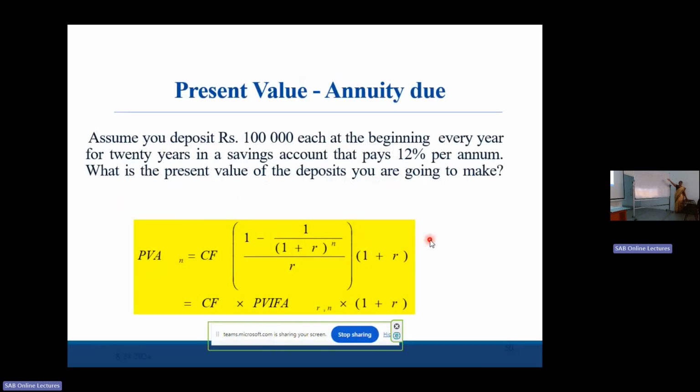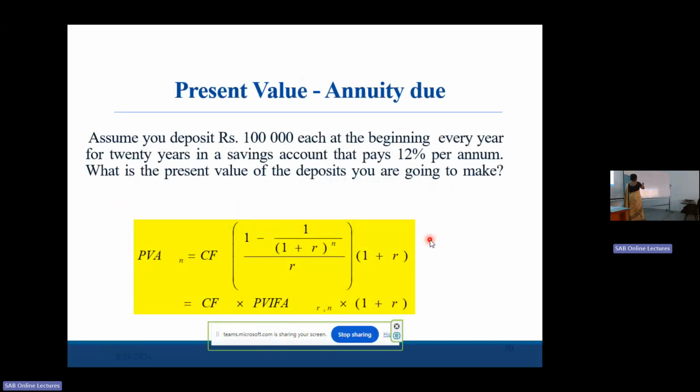You know that A is the ordinary annuity. Take 10% as your required rate of return, or the interest rate. What is the present value of these two? Calculate the present value of these two investments. Just forget about the formula. Calculate the present value of this ordinary annuity as well as the annuity due.